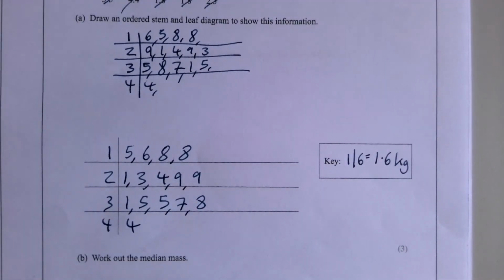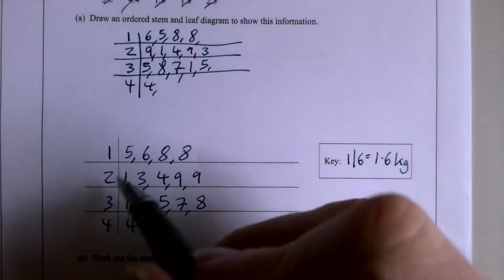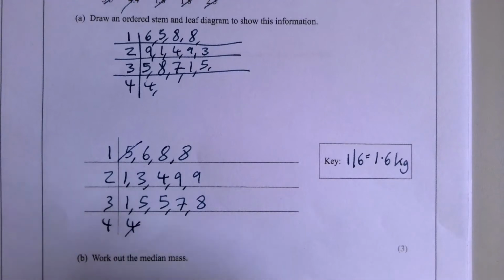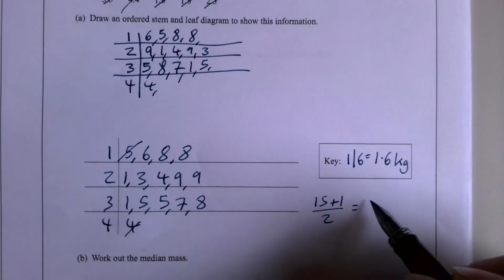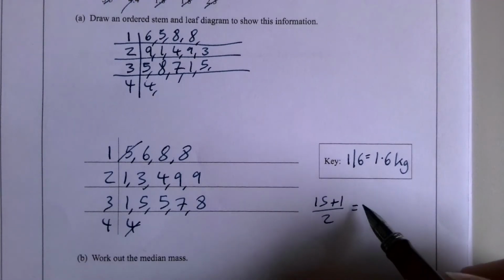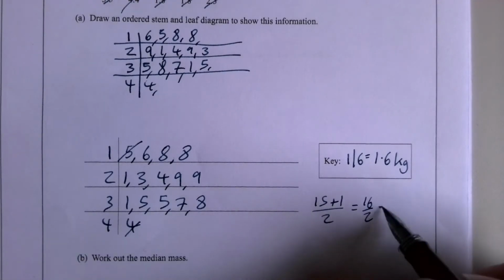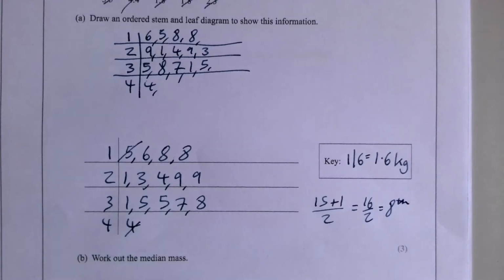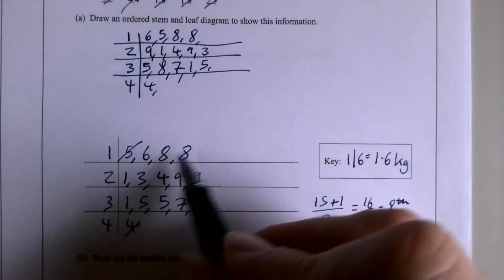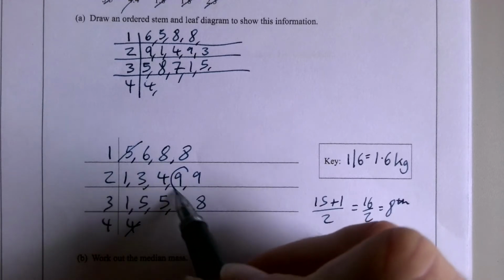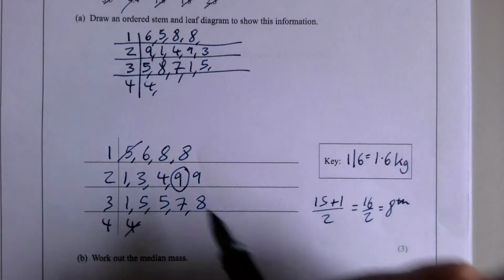Now working out the median, there's not very many, so I think I'll do the crossing out way of doing this. It would be between, because 15 plus 1 over 2, because we've got 15 objects, is 16 divided by 2, which is the 8th, so it will be the 8th one. 1, 2, 3, 4, 5, 6, 7, so I'm predicting it's going to be that 9 there.